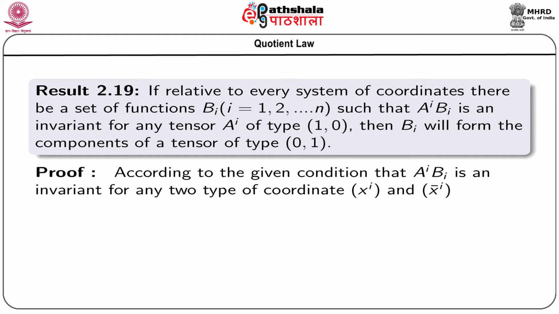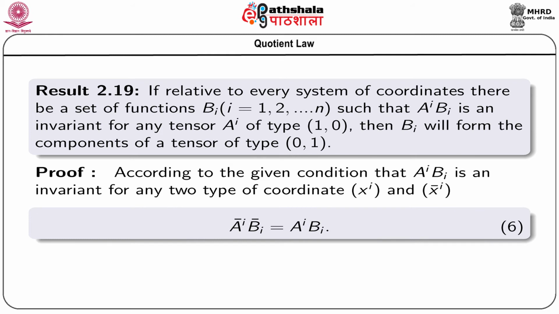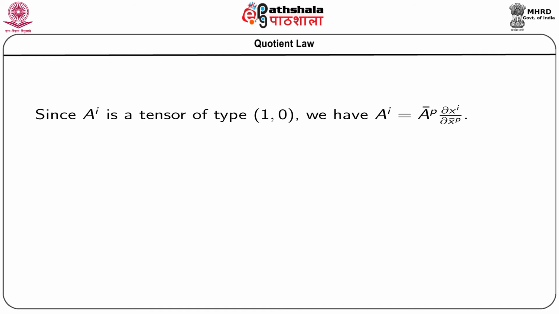Now, according to the given condition that A^i B_i is an invariant for any two types of coordinates x_i and x bar i, we have A bar^i B bar_i equals A^i B_i. As the product is invariant, it is the same for all types of coordinate systems. So, we can write 6. Since A^i is a tensor of type 1 0, by the transformation rule we can write A^i equals A bar^p del x^i / del x bar^p.